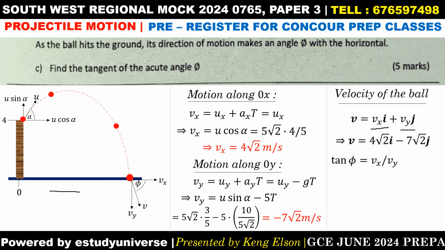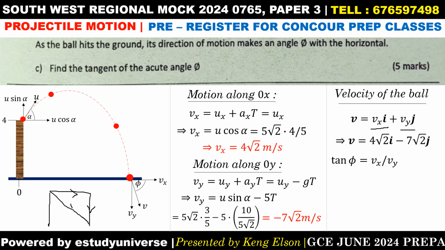We have a vertical, and this is the hypotenuse. This vertical is the same as this vertical here. So this vertical component is Vy, while the horizontal component is Vx.